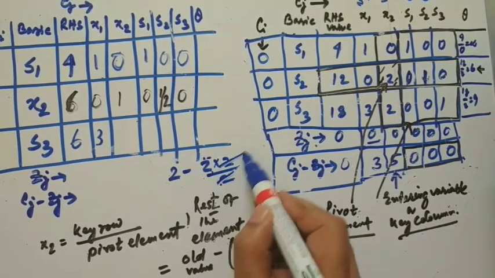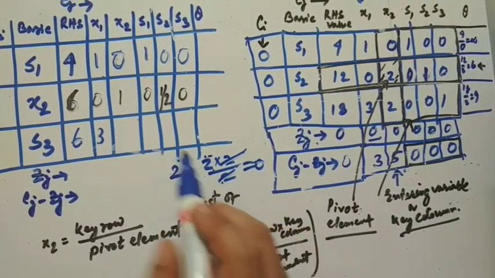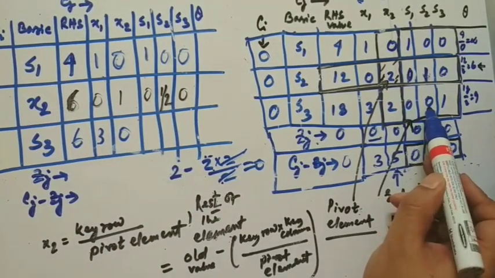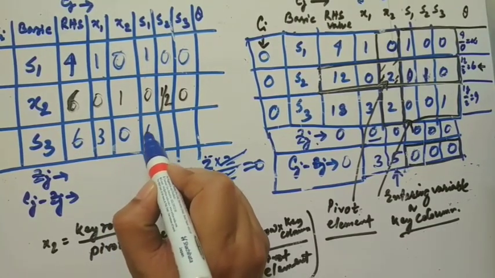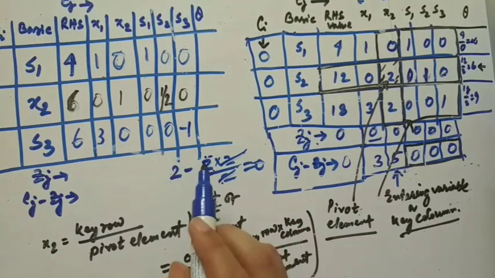So 2 minus 2 will give you 0 only. So this will be 0. Next 0, 0, 1: if you calculate, it will be 0 only, 0 only, and this will come as minus 1.